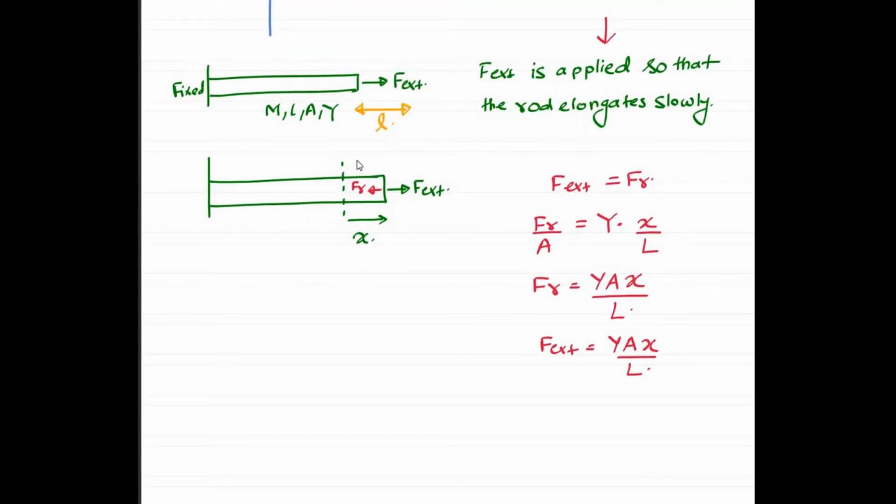Please pay attention to this. From here it elongates by a small amount dx. Can I say the small amount of work done by the external force plus the small amount of work done by the restoring force should add up to 0? It should add up to 0 because the rod is elongated slowly, so the kinetic energy change of the system will be 0.